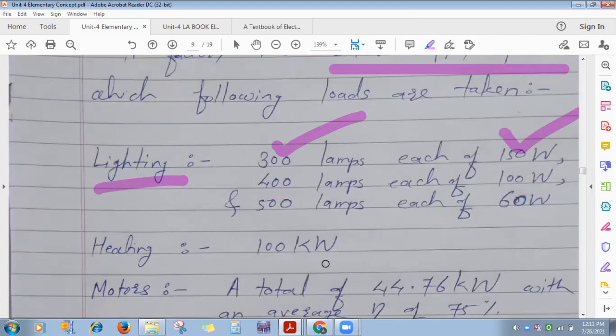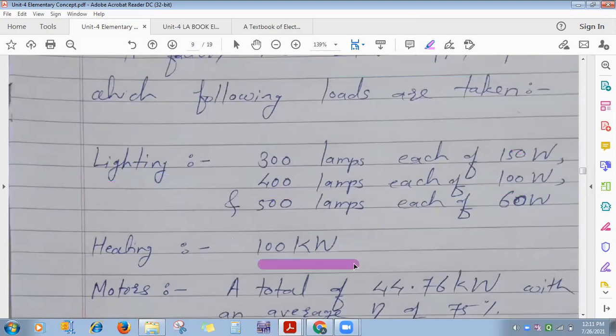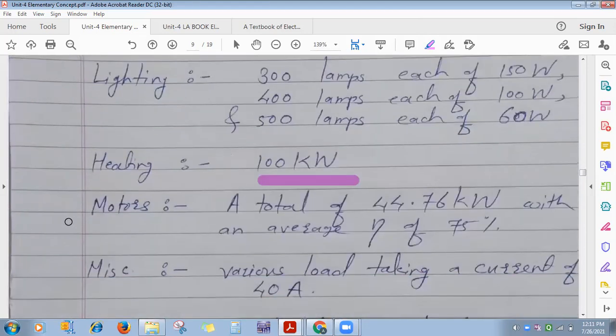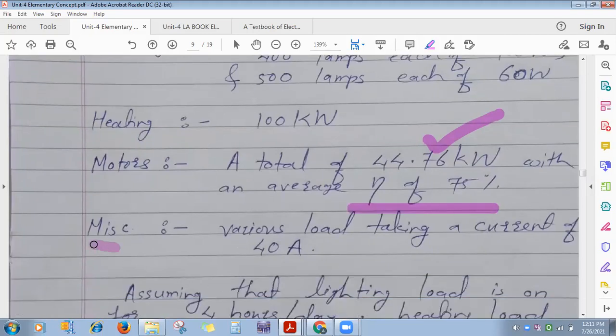For that power specification is given 1000 kilowatt. Then motor is there. For motor power specification is given 44.76 kilowatt and its efficiency is given 75%. And whatever the rest of the load, miscellaneous various load, is taking a current of 40 ampere.